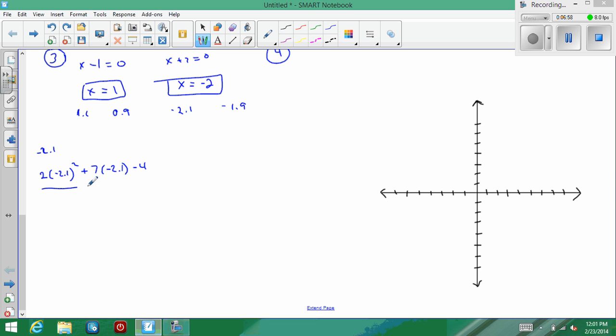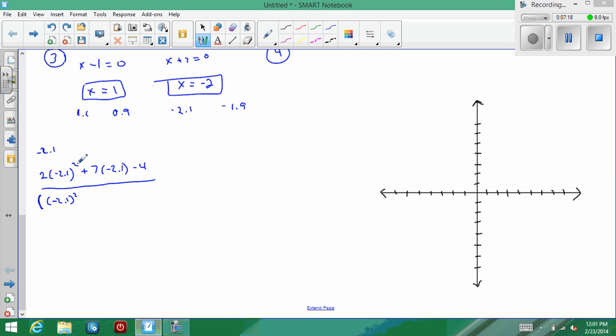And then you're going to divide by the entire polynomial of the denominator. So if you're doing this on your calculator, you need to make sure you put parentheses around the entire polynomial. Okay, and you're also going to put negative 2.1 in parentheses.